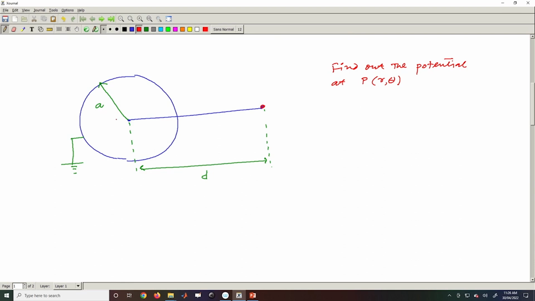So, I want to find it outside the conductor, because inside the conductor we know the field is 0. At some point P, what should be the potential?